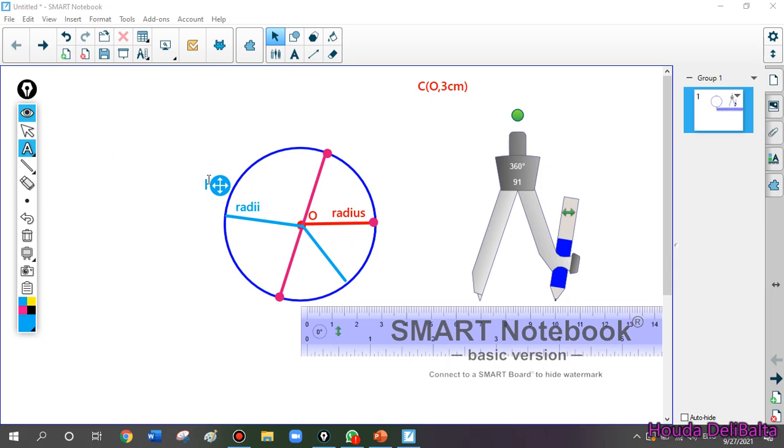Notice that the radii of this circle are equal. The distance from here to here is equal to that from here to here, and so on. So all radii of this circle are equal, and thus there is a property that says that all radii of the same circle are equal.